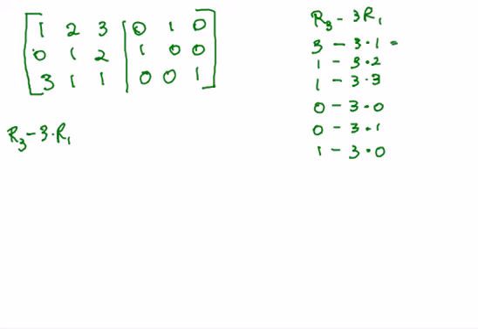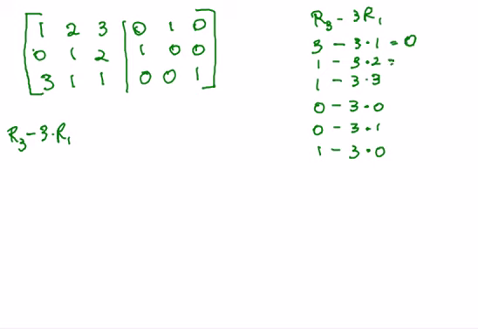So 3 times 1 is 0, and 3 minus 0 is 3. 3 times 2 is 6, and 1 minus 6 is negative 5. I'm sorry, I already made a mistake. Let's go back. 3 times 1 is 3, and 3 minus 3 is 0.